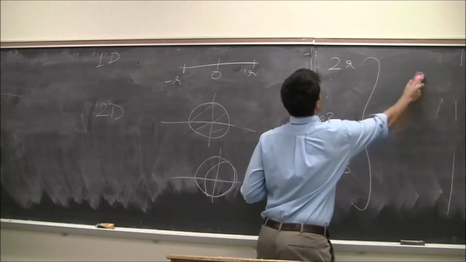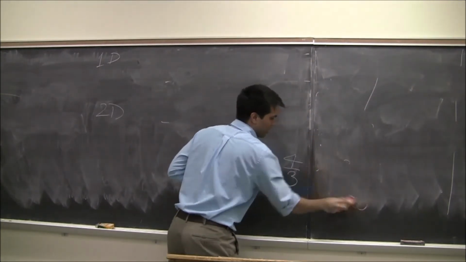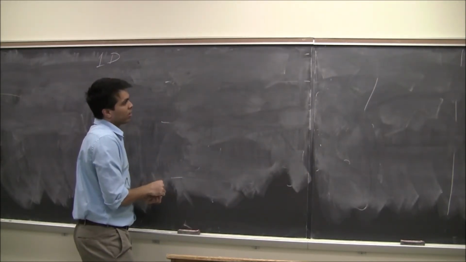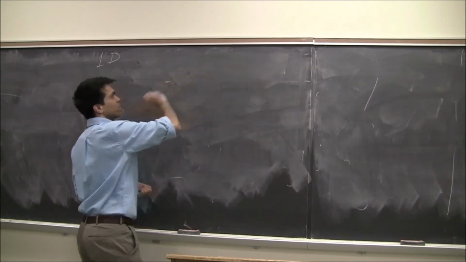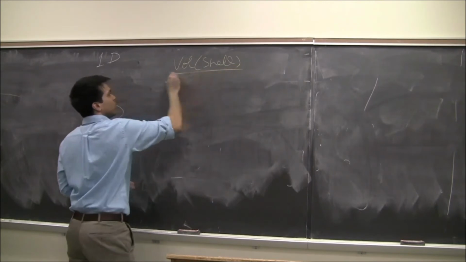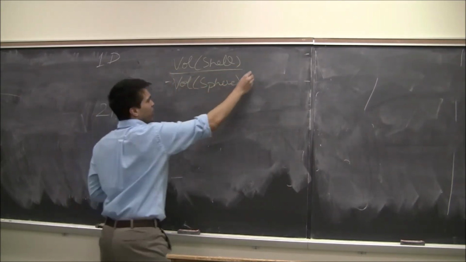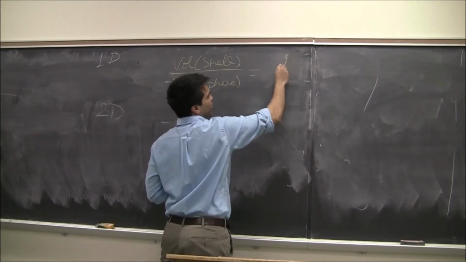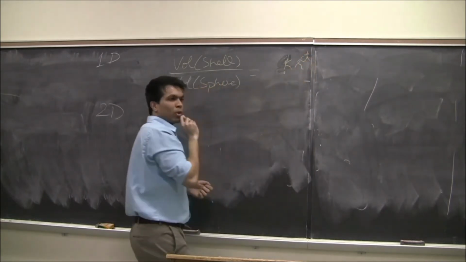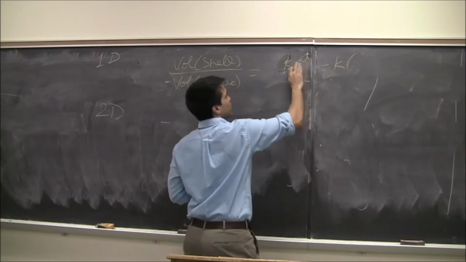Okay, let's actually raise this. I want to stay in the center. So here's volume of shell over volume of sphere. Okay, volume of shell, well, I can just look at k times r to the d, the volume of the sphere, minus k times, let's make this simple, right?